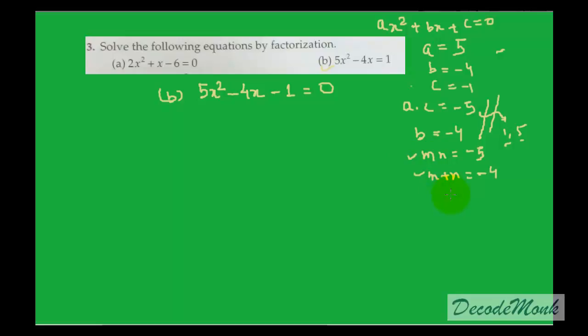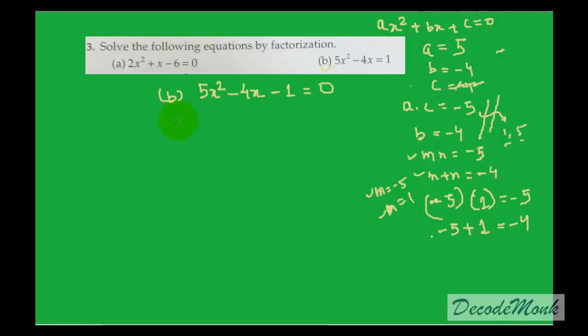So if you take m as minus 5 and n as 1, this will give you minus 5. So m equals minus 5, n equals 1. And for the second, m plus n will give you minus 4. So this holds.